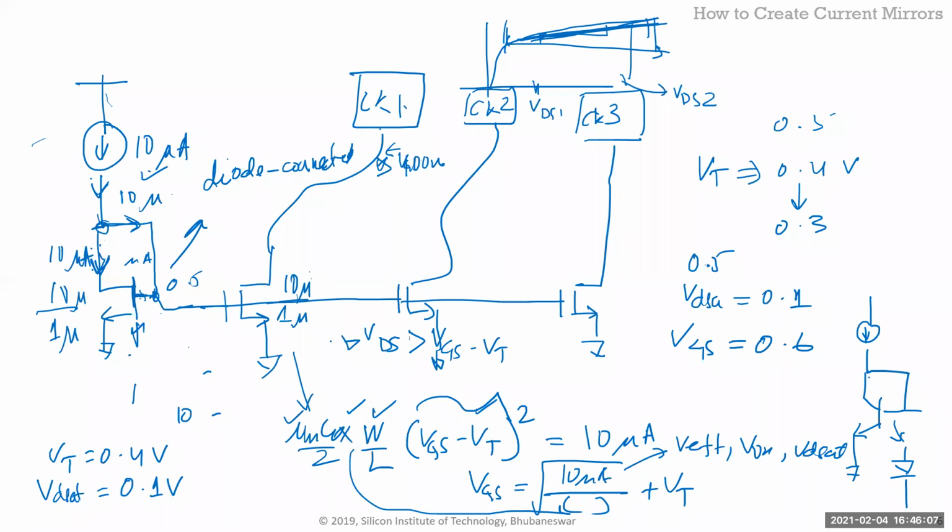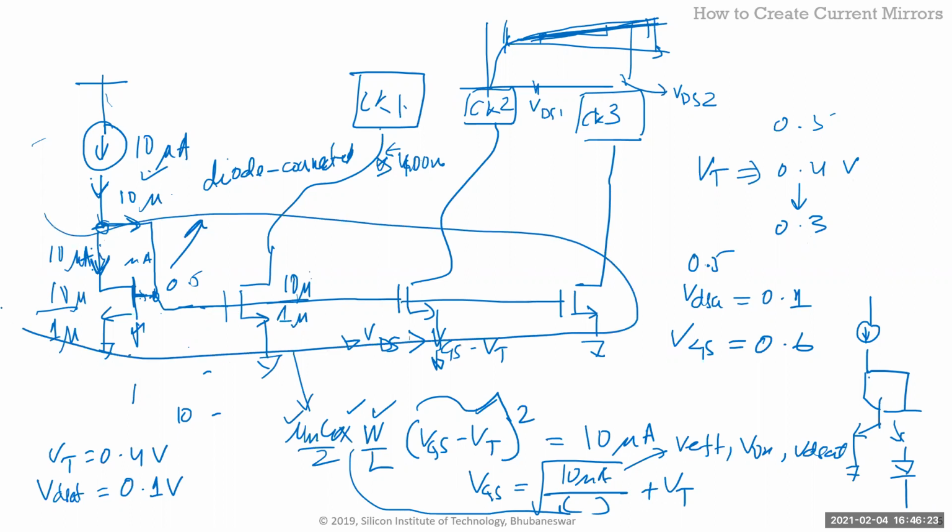Okay, so that's it. You take a current source, plug it into a diode connected transistor that creates the voltage. You copy that into the gate voltage. Okay, but having done this, you still keep all of this together in one place and ship the current with the drain. So let's say you have a chip.